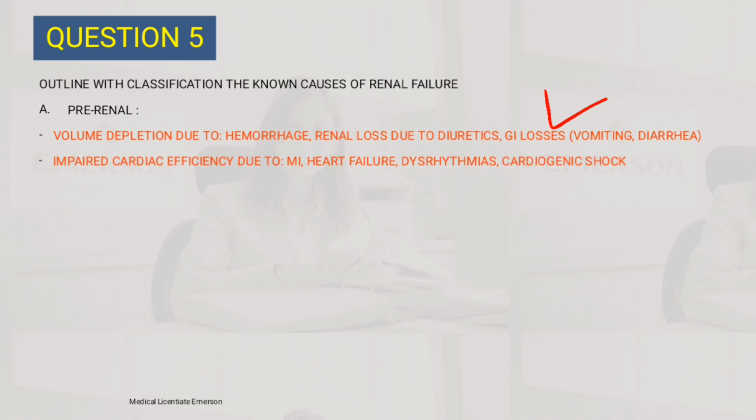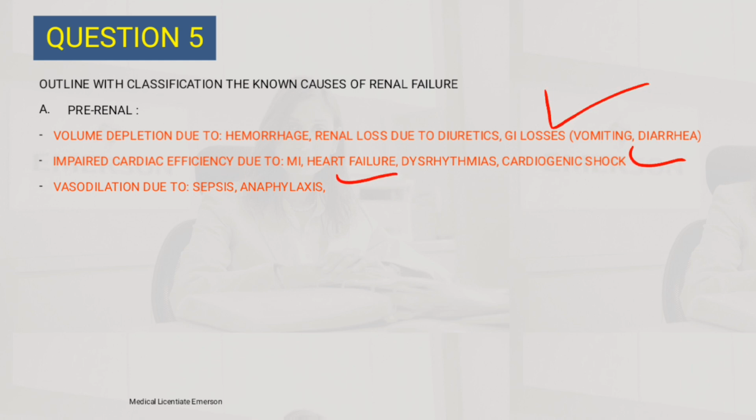Then you can have impaired cardiac efficiency due to myocardial infarction, heart failure, dysrhythmias, and cardiogenic shock. It might cause a renal failure. You can have vasodilation due to sepsis and anaphylaxis.